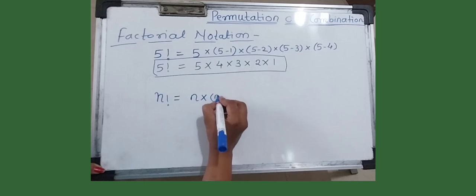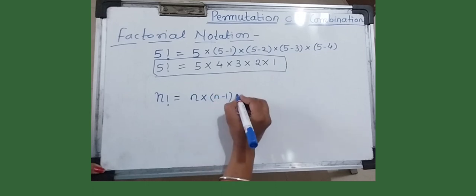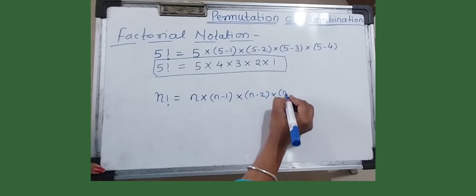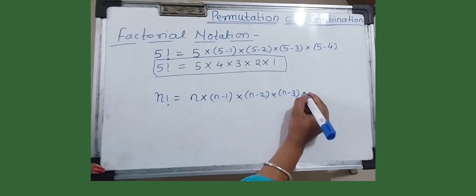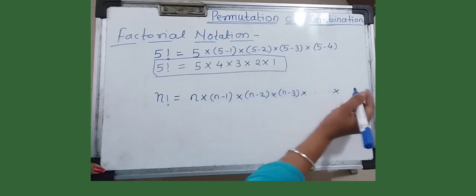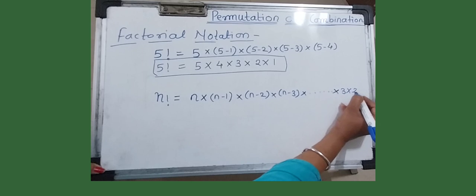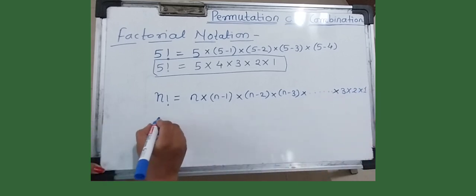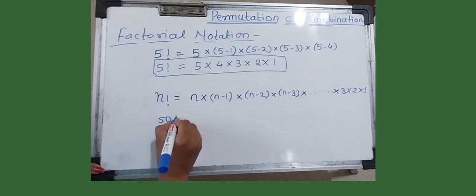So it is n into (n minus 1) into (n minus 2) into (n minus 3), into up to dash dash dash and last number 3, 2, 1. Okay, if I take any number, 50 factorial.